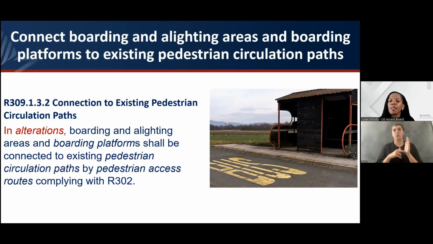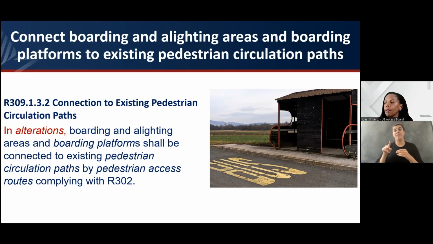The final rule requires a connection from the boarding and alighting area and boarding platform to existing pedestrian circulation paths. So in alterations, boarding and alighting areas and boarding platforms need to be connected to existing pedestrian circulation paths by pedestrian access routes. So basically what we don't want to see is a new transit stop or transit shelter placed in the middle of nowhere and not connecting to any pedestrian circulation path.